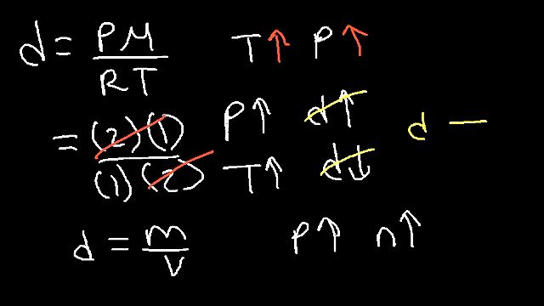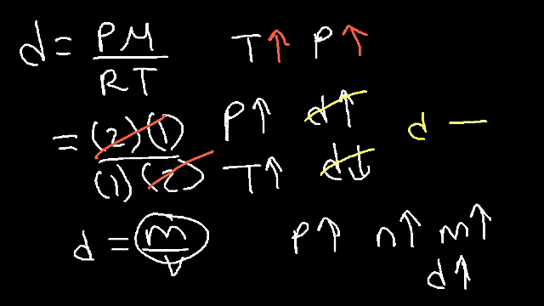And because you add more moles of gas, you've increased the mass, even though the volume is the same. And whenever you increase the mass, the density goes up. So that's how pressure is related to density. If you add more moles of gas and you increase the pressure, the mass of the gas goes up, density goes up, and that's how pressure and density are related, if the mass of the gas changes.